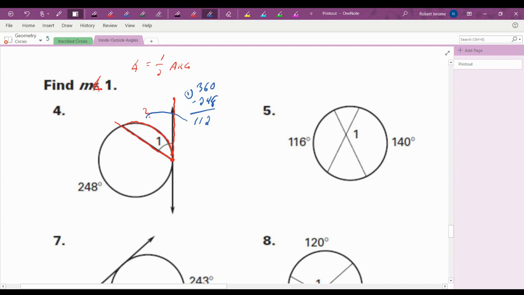That's the arc, because 360 is the whole circle, and we know that this arc is 248. So now we know that that arc is 112. Well, angle equals half of 112, and we get angle 1 equals 56 degrees.